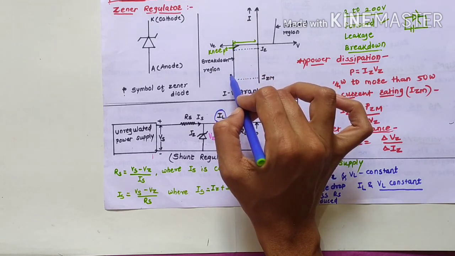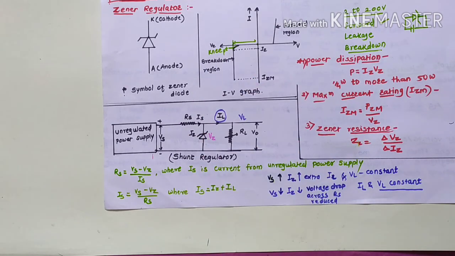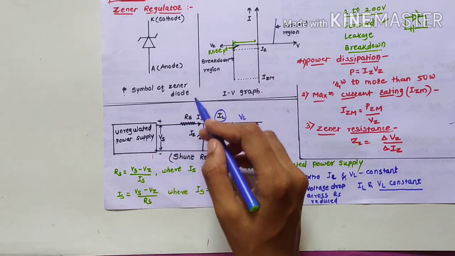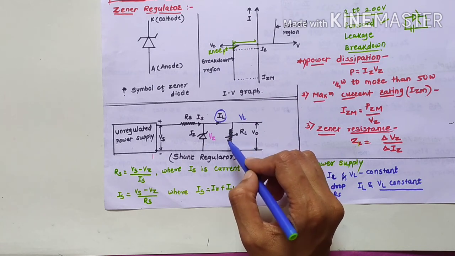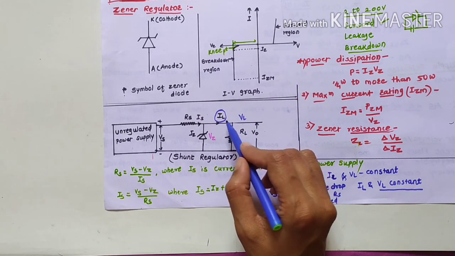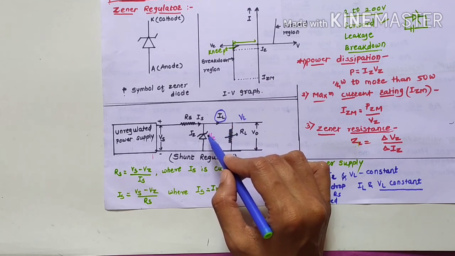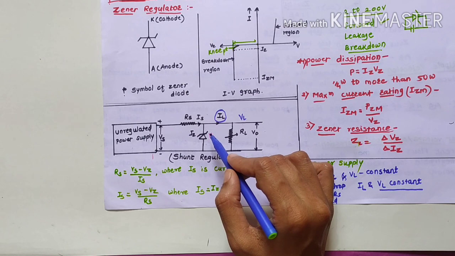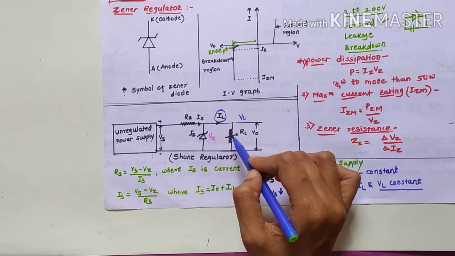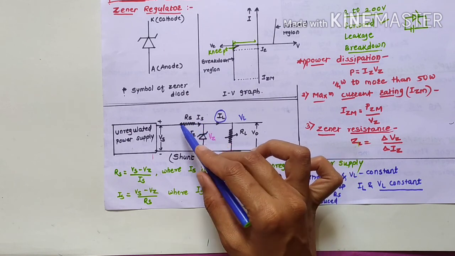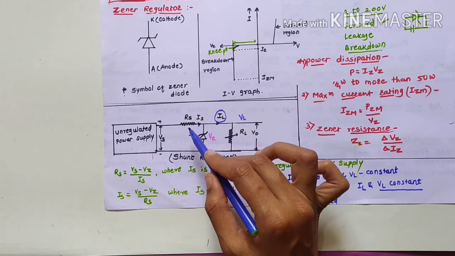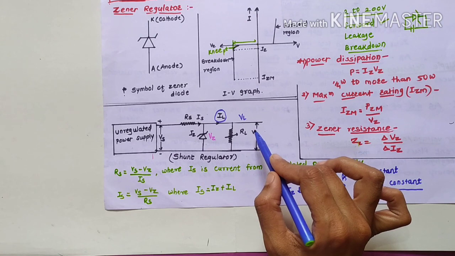When there is a reduction in load resistance, the load current IL increases. The current Iz decreases by the same percentage and Is is kept constant. Therefore, the drop across Rs is kept constant and the output voltage remains constant in this way.